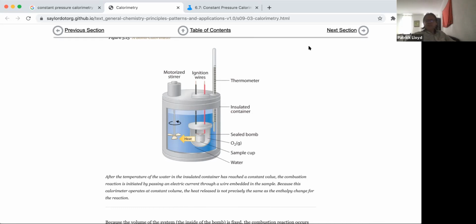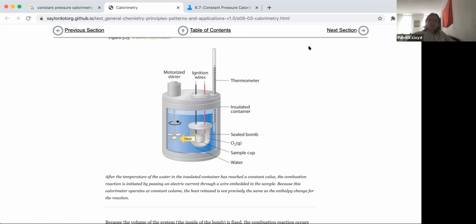So how do you get the reaction to start? Well, that's where the ignition wires come in. The ignition wires go through the sample. Typically you just thread the wire through the sample, and then you attach the ignition wires on the outside at the top to some high voltage supply, 100 volts or 200 volts or something like that.